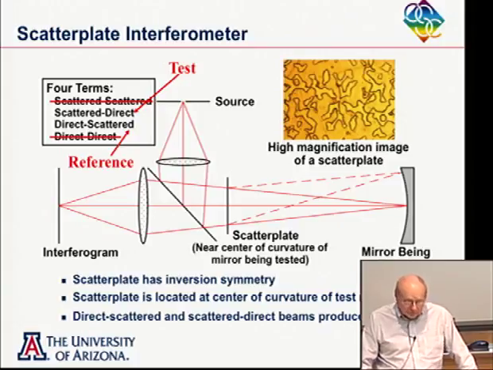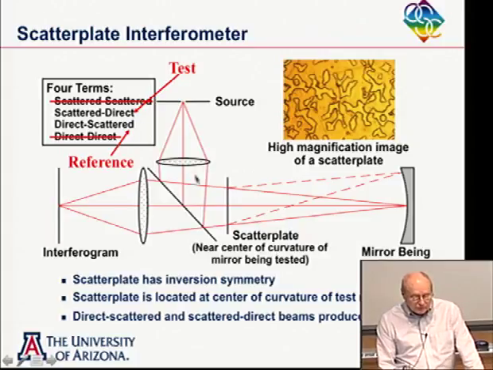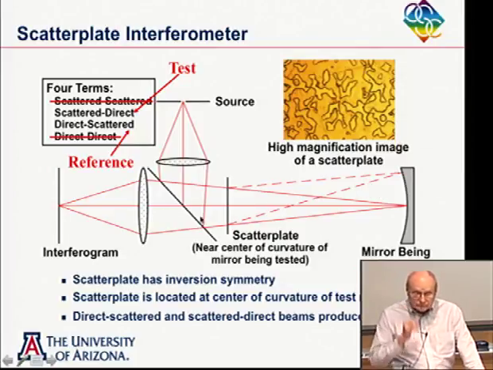Well, the secret here is that the two beams we're interfering, one is scattered and then direct, and the second one is direct and then scattered.